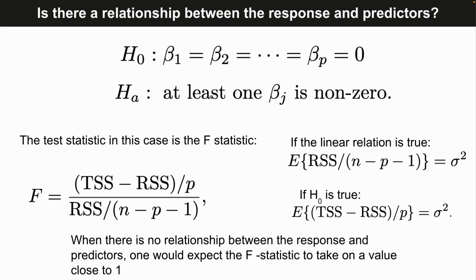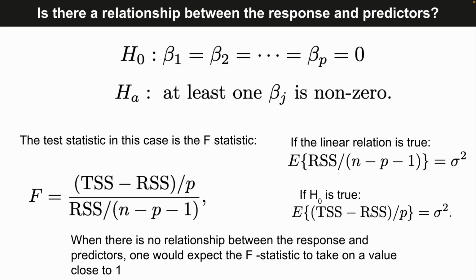If both of these hypotheses indeed happen to be true, which means that the linear relationship is true, and the null hypothesis is true, this becomes sigma square by sigma square, and the value of F becomes 1. Which means that if the value is 1, then you cannot reject the null, which in this case is beta 1 up to beta p equal to 0.